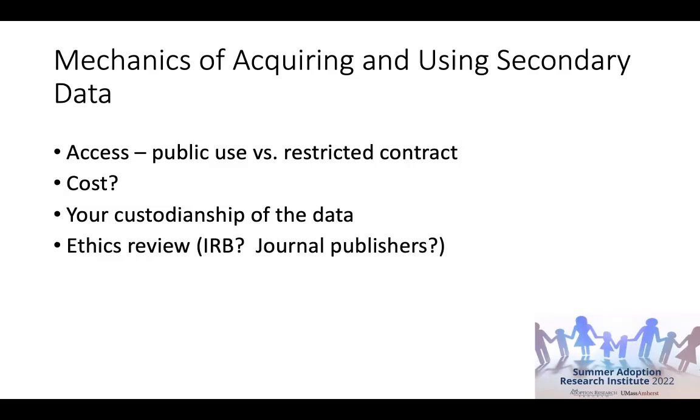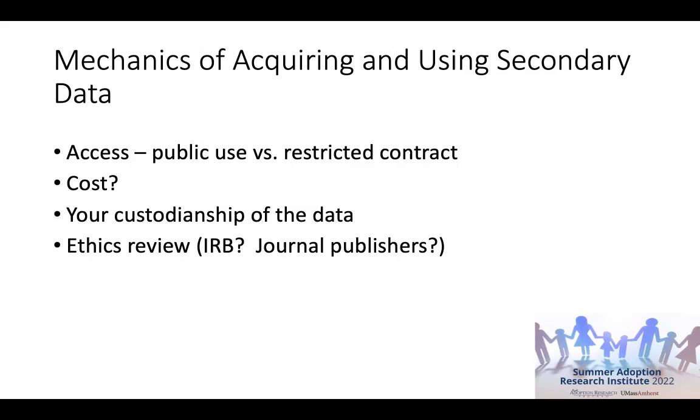You will need to think about what kind of ethics review is needed to work with the data set. You may think that just because you can download and go, that you don't need to tell anybody about it at your institution. Generally speaking, universities want to know what data you're working with. It's always good to double check.